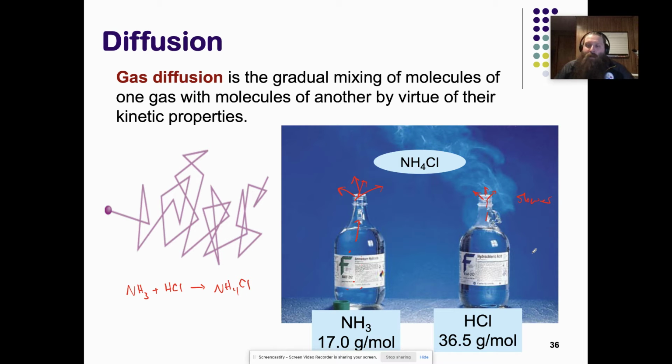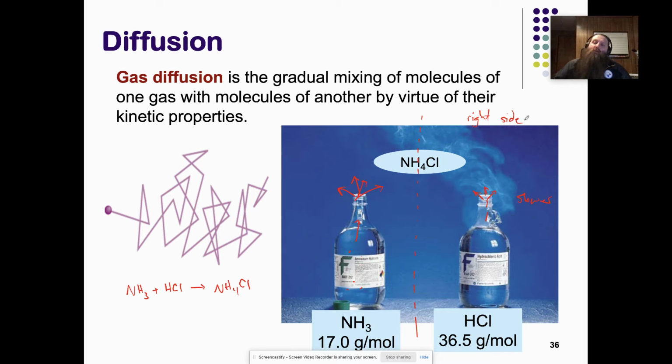Now, for the reaction to occur, the molecules have to impact each other. They have to hit. So look, if we draw a line down the middle, where is the majority of the reaction occurring? Well, it's really obvious that it's on the right side. Why is that?